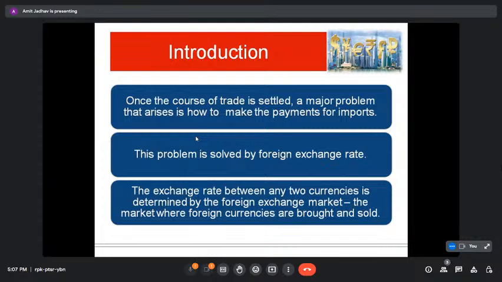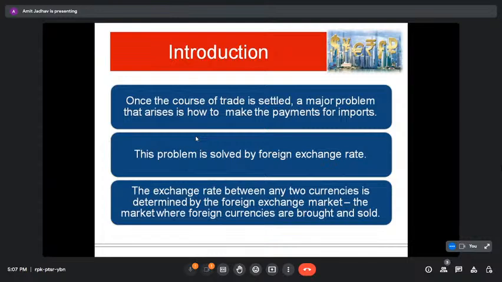So basically, the exchange rate between any two countries is determined by the foreign exchange market, the market where foreign currencies are bought and sold. The exchange rate between two different countries' currencies is determined in the foreign exchange market.